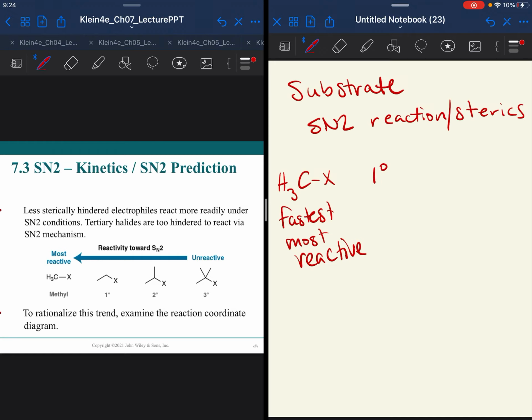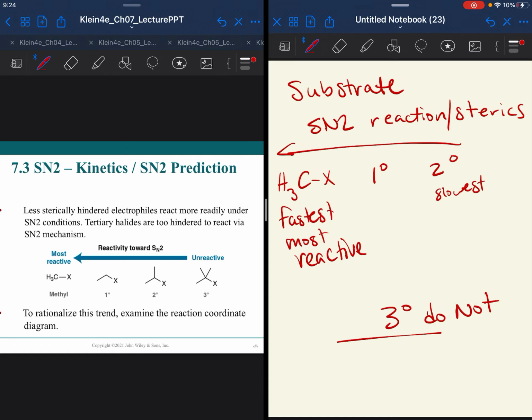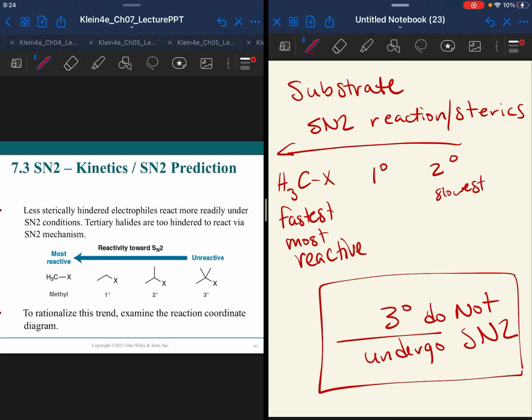Then a primary alkyl halide will be the next fastest, and then secondary, right? So that's the fastest. This is going to be the slowest. I left out tertiary because tertiary substrates do not undergo SN2 mechanisms.